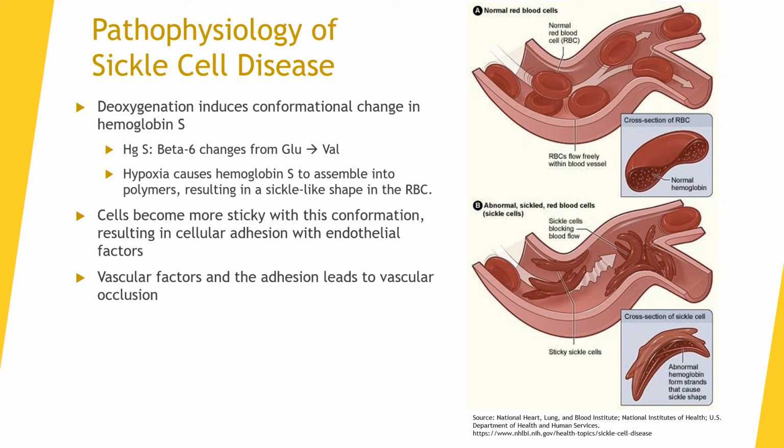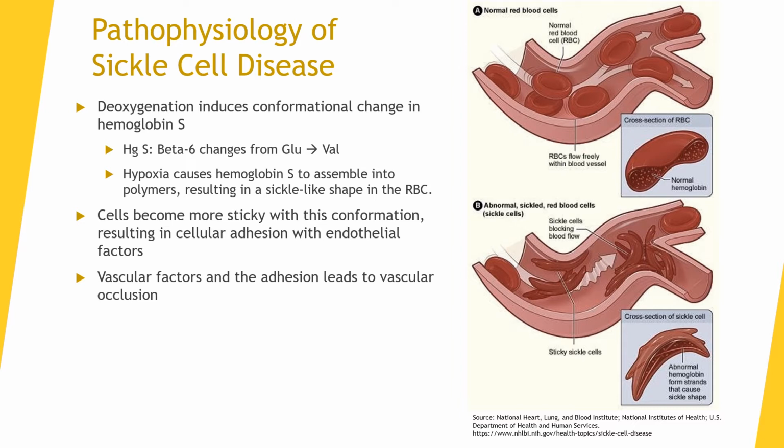Let's go over the more specific pathophysiology of sickle cell disease. Deoxygenation induces a conformational change in hemoglobin S, which stands for sickle. In hemoglobin S, the beta-6 location changes from glutamate to valine, which is a significant change considering that glutamate assumes a negative charge and valine is electrically neutral.